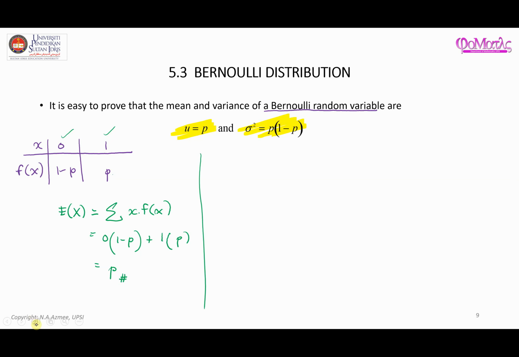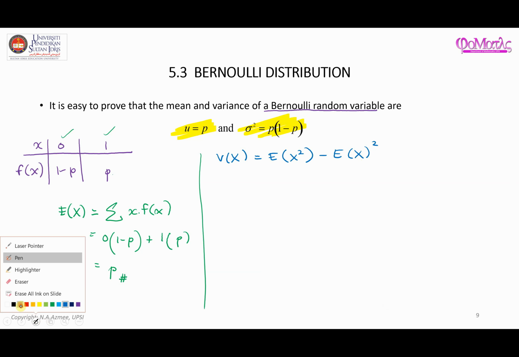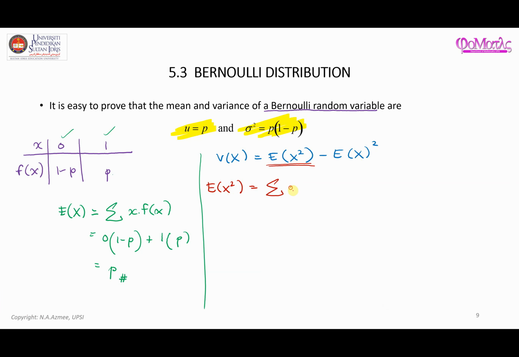Next, we're going to focus on finding the variance. The variance of X, according to what you have seen before, is the expected value of X squared minus E(X), squared. I like to do things part by part, so we're just going to focus on finding this one first. E(X squared) is the summation of x squared times f(x).